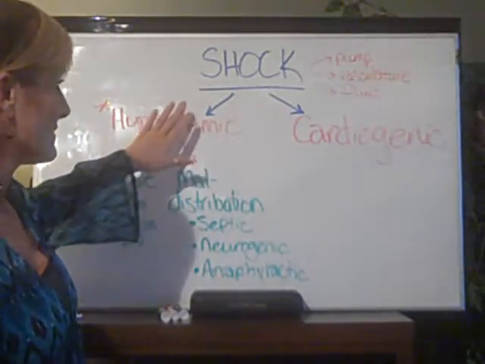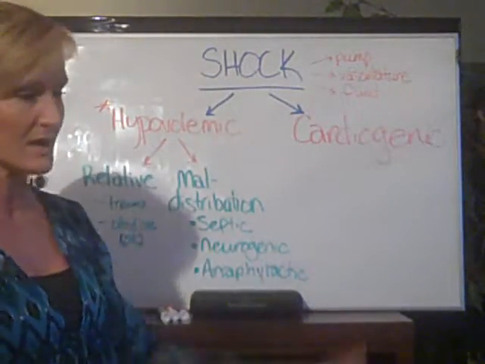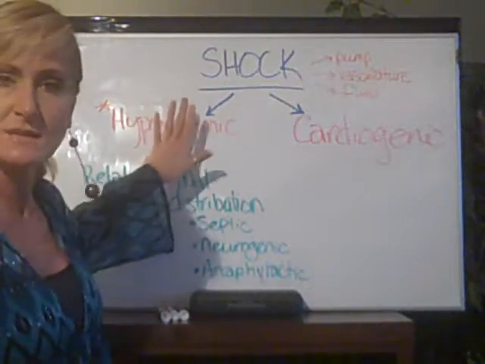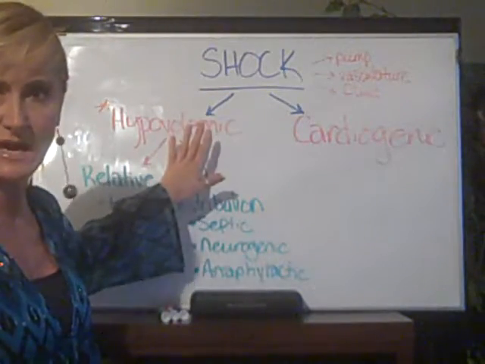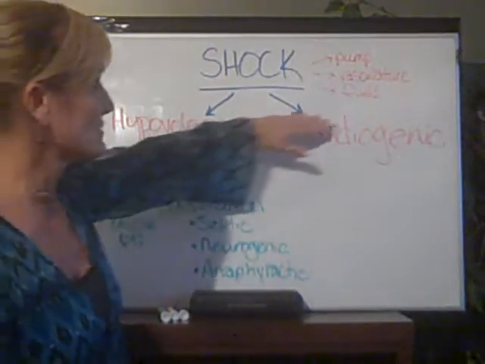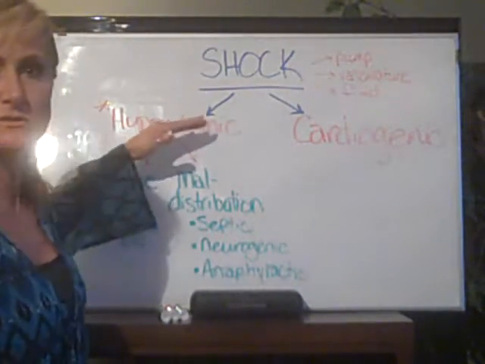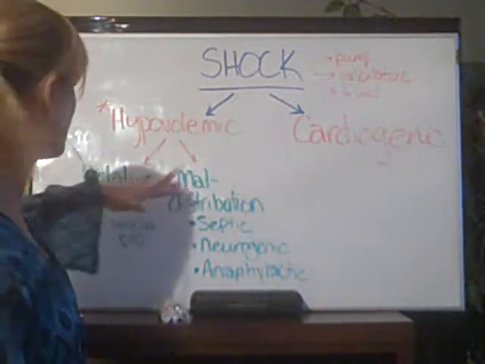There are a couple different kinds of general categories of shock. Hypovolemic shock, and this is the most common kind of shock, and this is just basically a loss of fluid. So this is going to be the fluid component. And this, you can lose fluid for a variety of reasons.